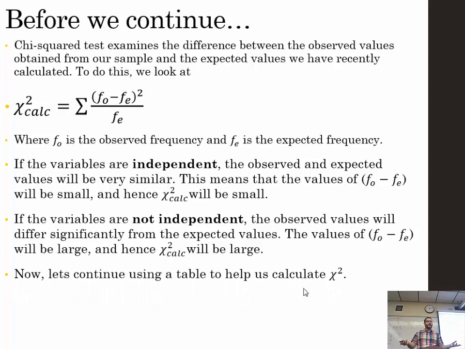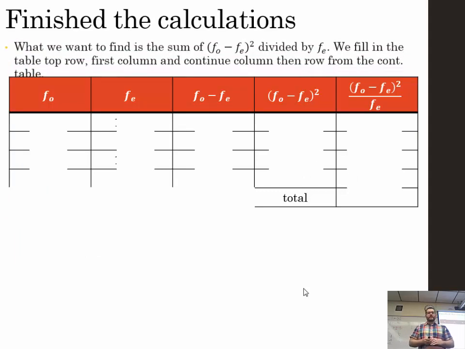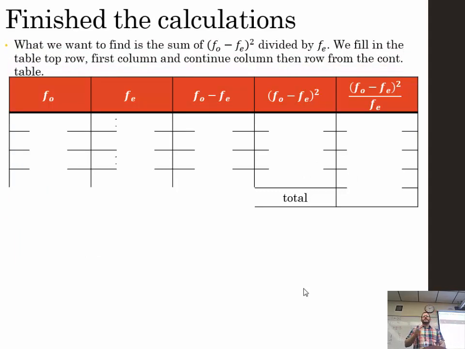Now, let's continue with what we had before. So, we want to find the sum of the frequency observed minus the frequency expected, squared, and then divide it by the frequency expected. We need to fill in the table, top row, first column, and then continue row by row. We go by row.